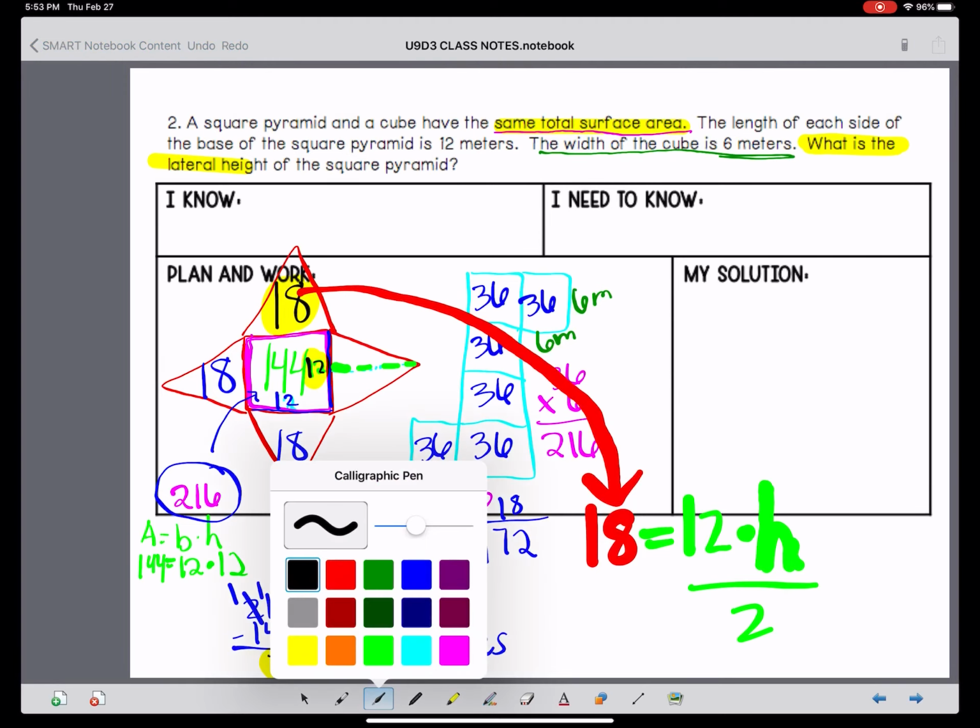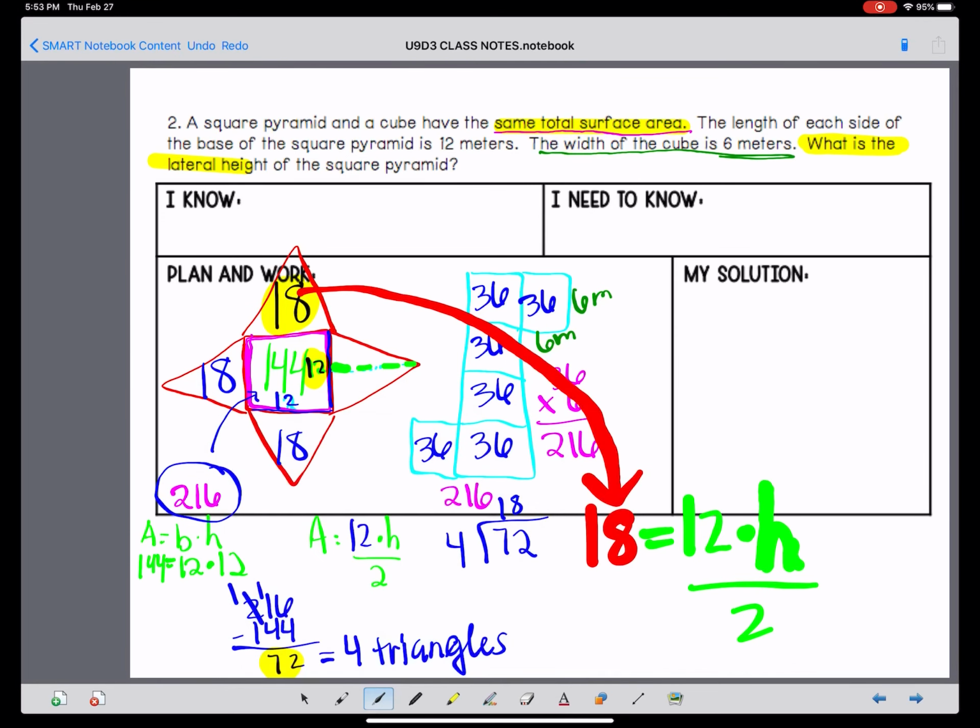I'm going to change my pen size so it's not so large. Here's what we have so far: 18 equals 12 times the height divided by 2. This is now a two-step equation, which we have been solving all year long. First step, get rid of the 2 on the bottom. Our equation is being divided by 2, so we have to do the opposite, which is multiply.